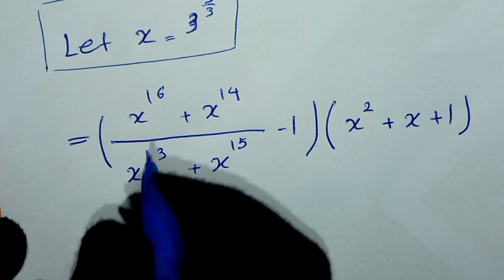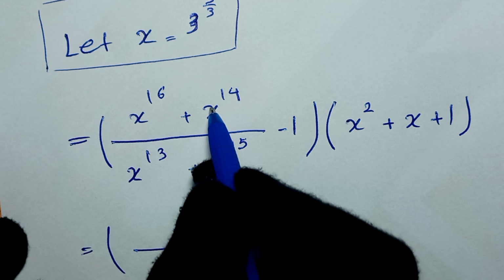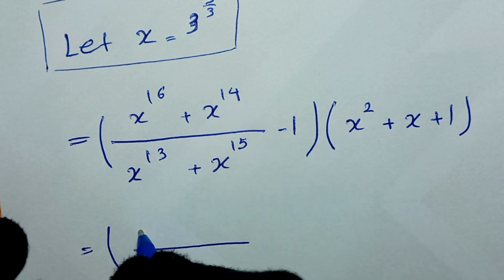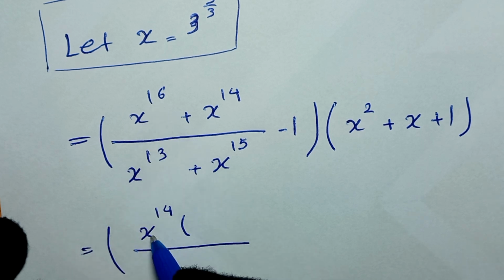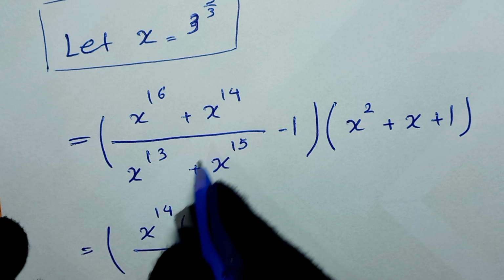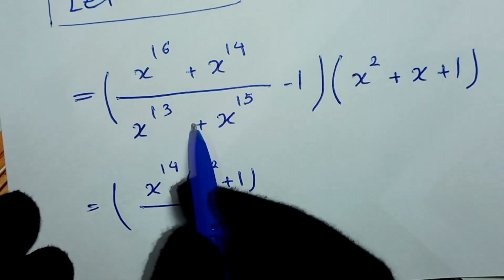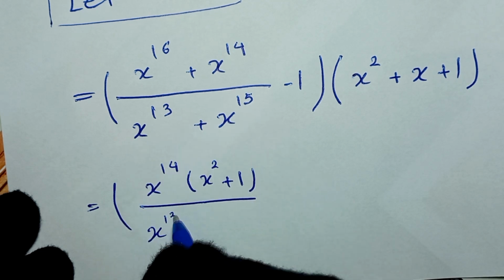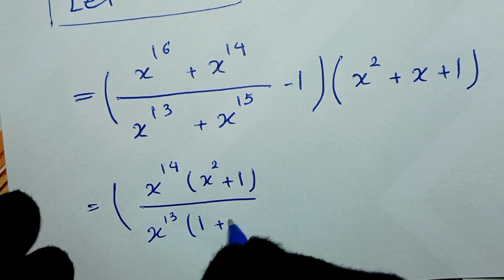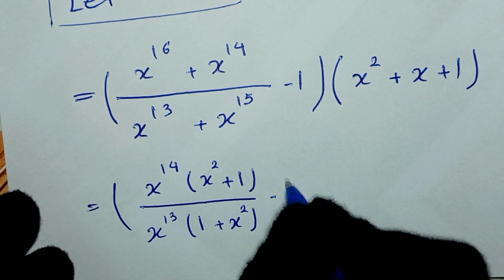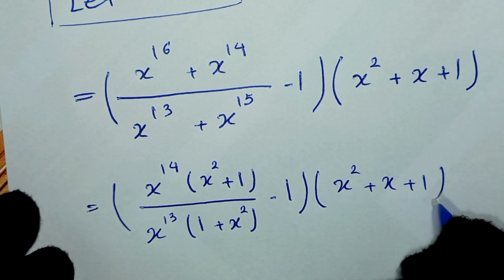So in here, for this numerator, we factor x to the power of 14, so it will be x to the power of 14, and this divided by this, it will be x square, and this divided by this, it will be 1. And for the denominator, we factor x to the power of 13. This divided by this is 1, and this divided by this is x squared minus 1, and times this x squared plus x plus 1.